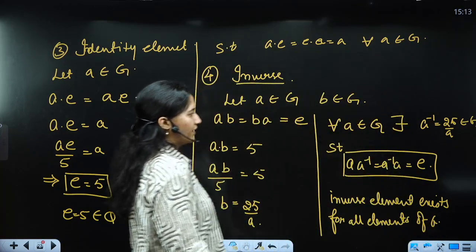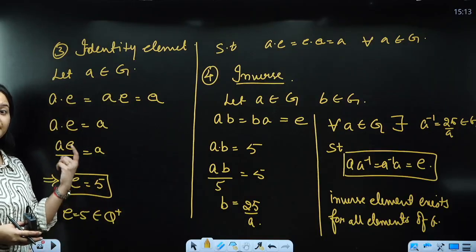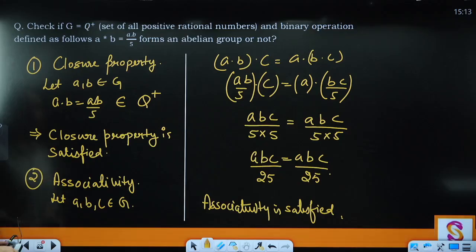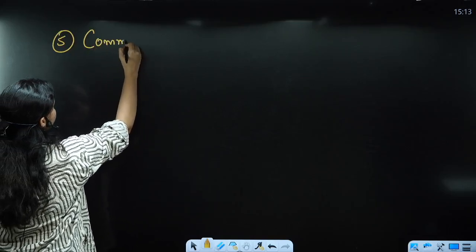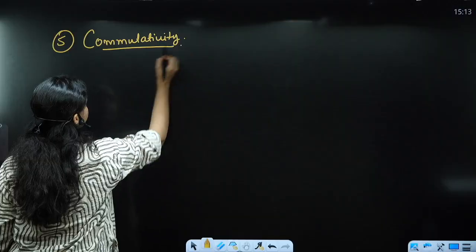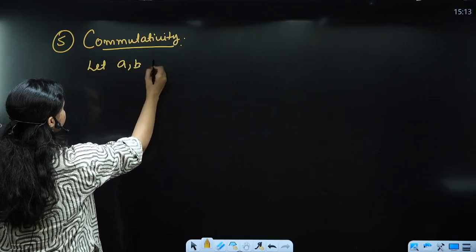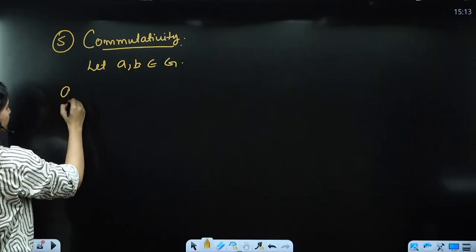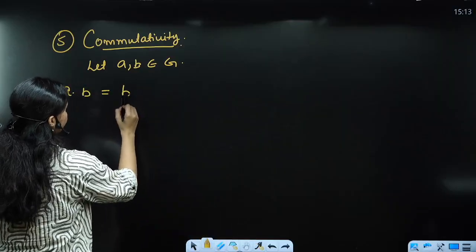Now we are supposed to figure out if this group is going to be an abelian group or not, right? The fifth property is commutativity. Let a, b belong to G. We are supposed to check whether a ∘ b is equal to b ∘ a or not.